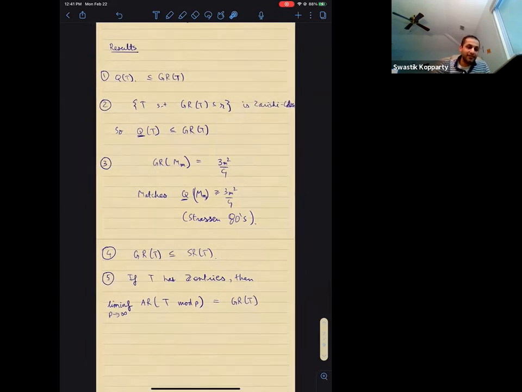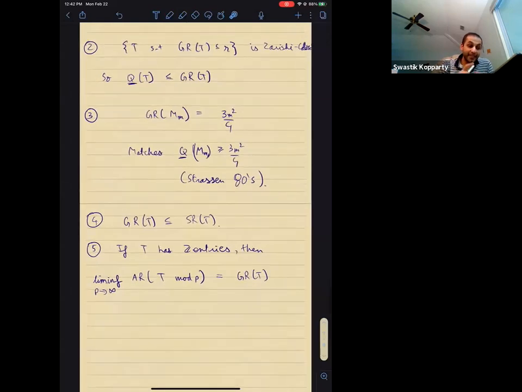The notion of geometric rank hasn't been around much, but the other two ranks have been around a lot, and the relationship between them has been studied extremely heavily.